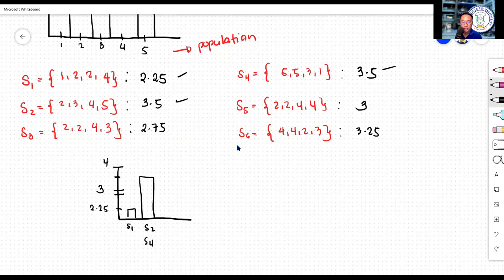So I'm going to check S1. Next, S3 is 2.75, so S3 is somewhere here. And then S5 is 3, so somewhere here.